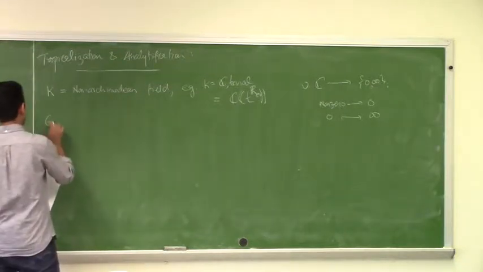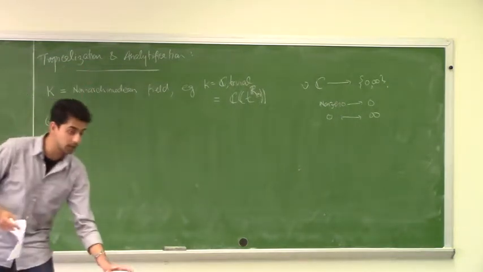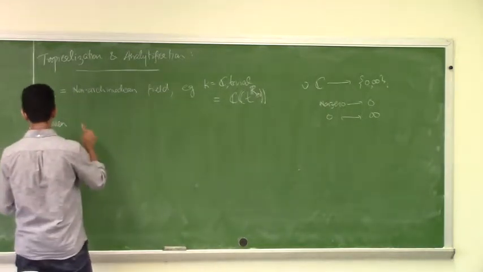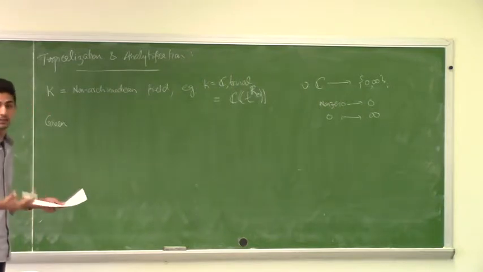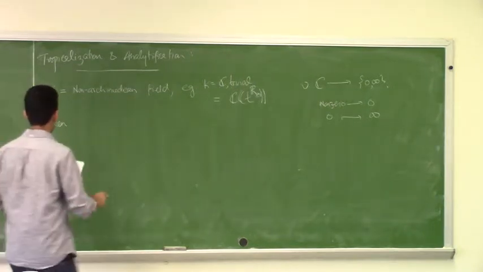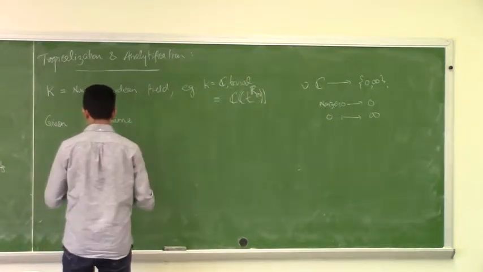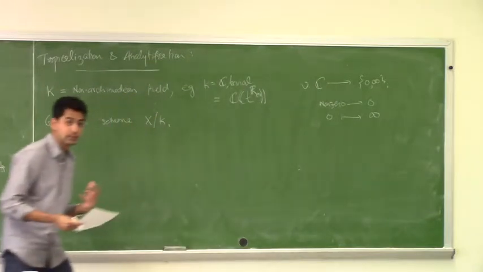Okay, so now here's what I want to do. This field comes with a topology, just like the complex numbers when you think about them as the complex plane with Euclidean topology. It comes with a metric coming from the valuation, and I want to somehow do analysis simultaneously as doing geometry with respect to that metric. So given a scheme X over such a field, I want some associated analytic object.